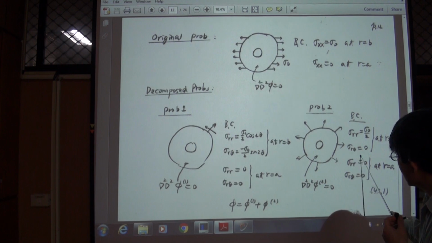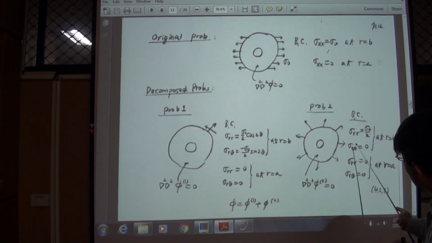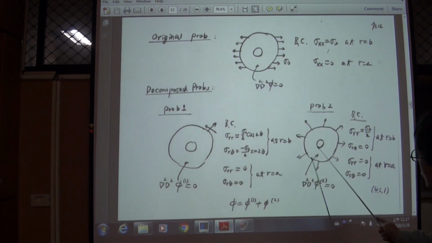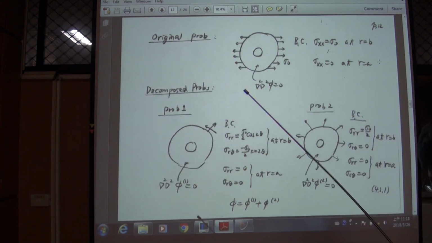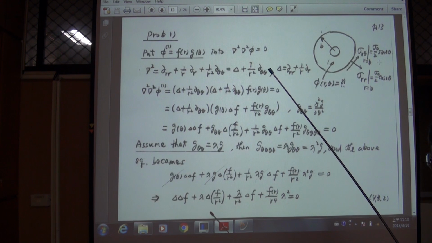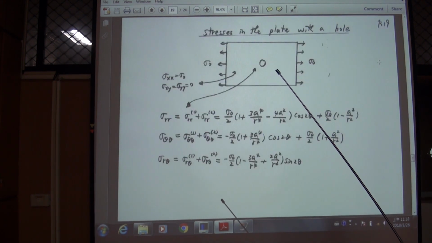These 2 conditions are satisfied automatically because inside the body we have already loaded the shear stress equals 0. So of course at the outer and inner boundaries, the shear stress equals 0. So we have only 2 conditions.